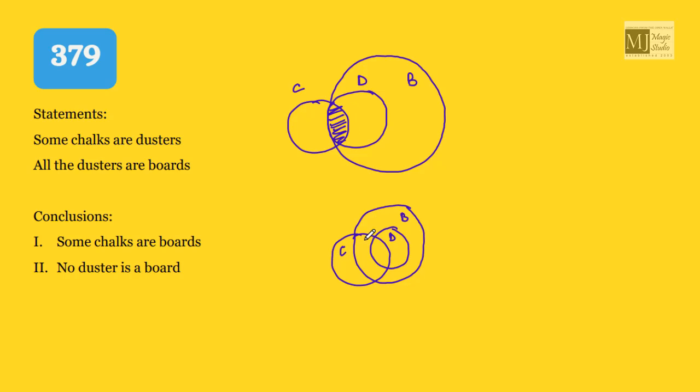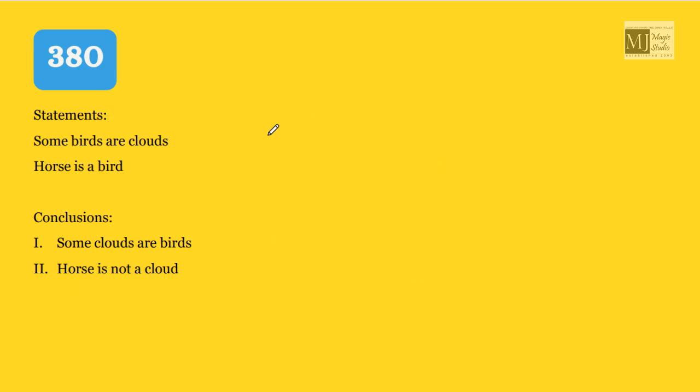Conclusion 1 follows. Conclusion 2: no duster is a board. Duster is a proper subset of board, so how can we say that no duster is a board? All dusters are boards, so conclusion 2 doesn't follow. That means only conclusion 1 follows. We'll mark option A.